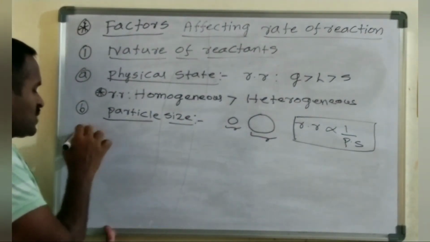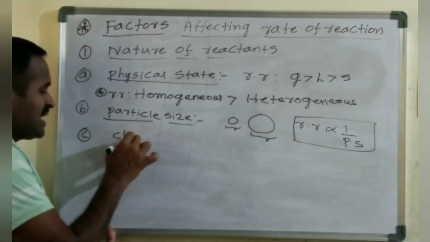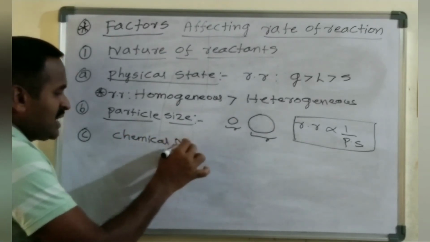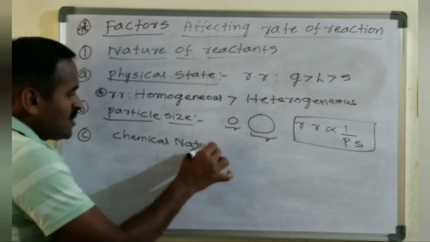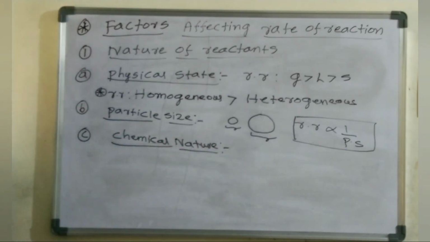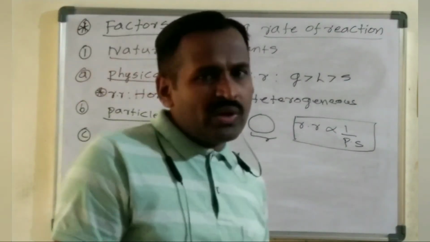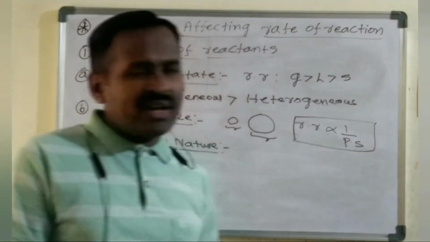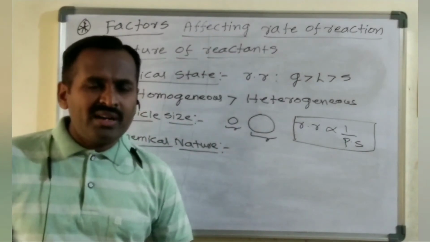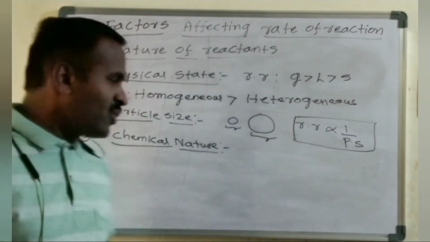Okay, and the next one is the chemical nature of reactants. What is meant by the chemical nature of reactants? Whether the reactants are ionic compounds or covalent compounds. If they are ionic compounds, generally they easily split into ions, and can make more collisions, and the rate of reaction is going to be more.